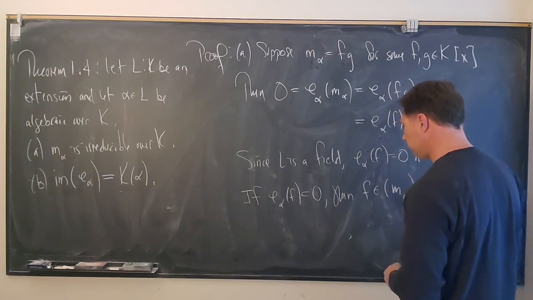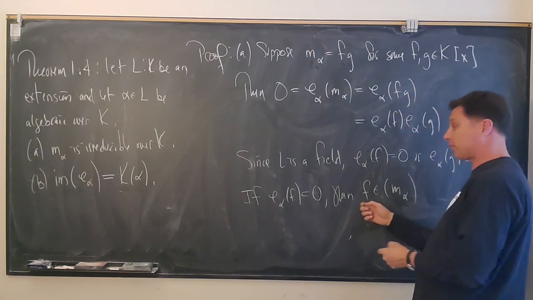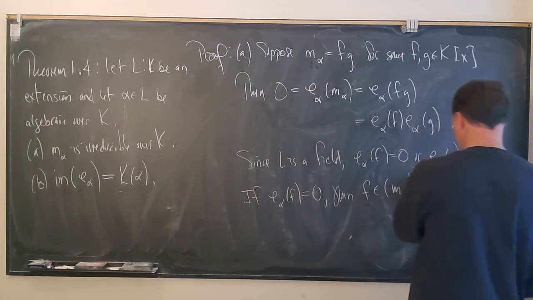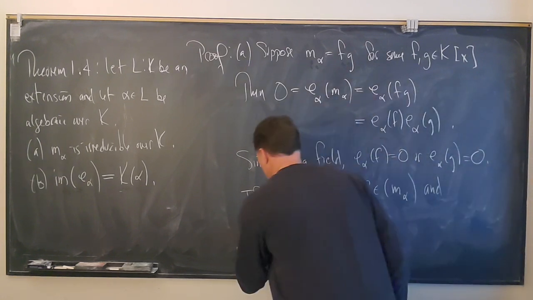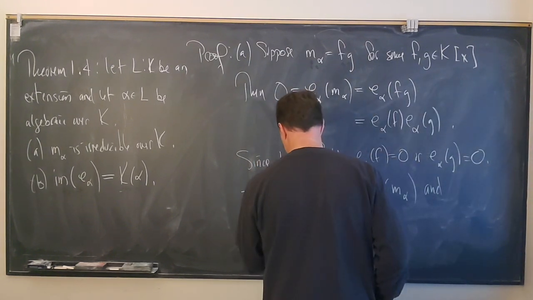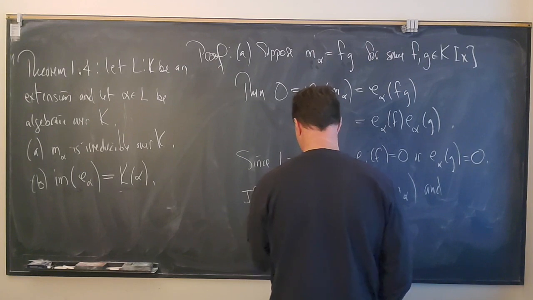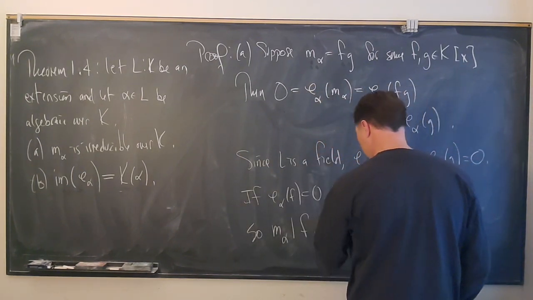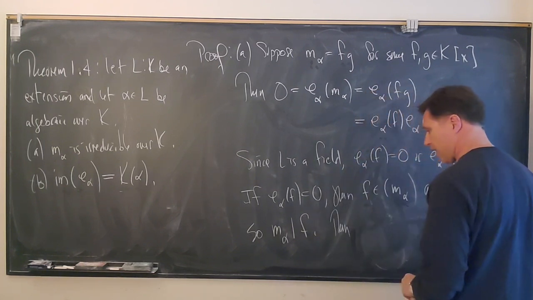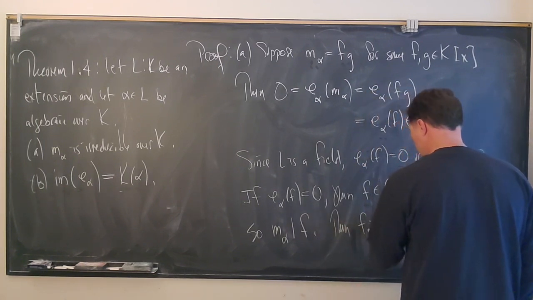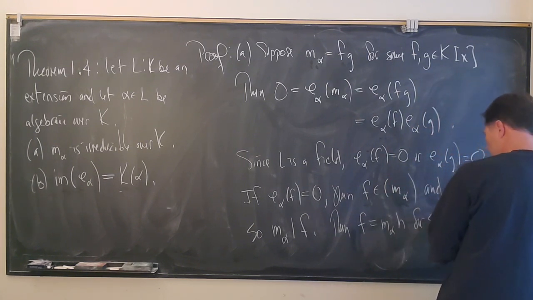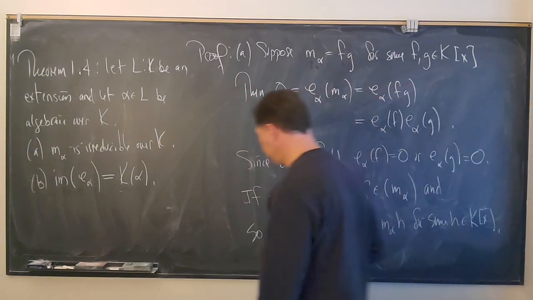And so if f is in the kernel, then f has to live in this ideal. What does that mean? It means that m sub alpha divides the polynomial f. So then, we have f is equal to m sub alpha times h for some h in K bracket x.